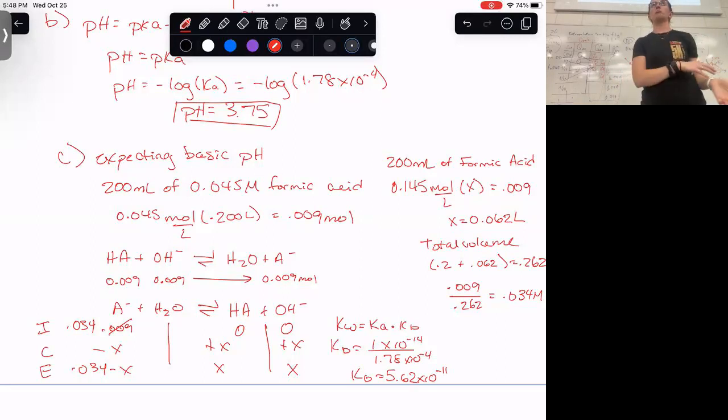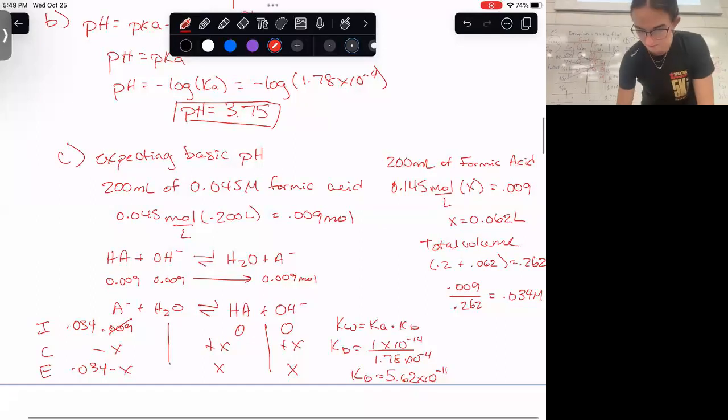We can then use Kb to solve for X. Can we use the assumption here? Yes, 10 to the negative 11 is very small, so we can ignore that one.